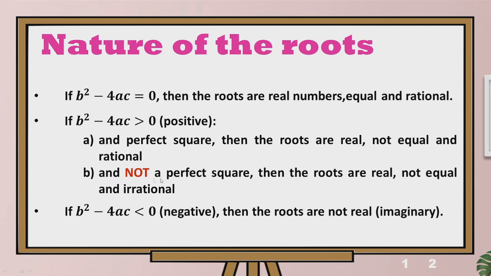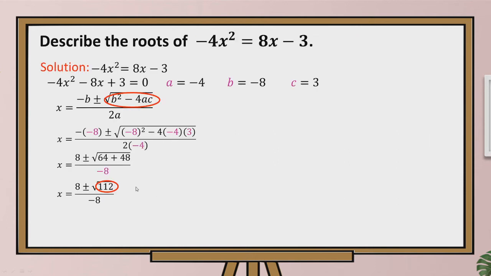Ang sagot dyan, hindi perfect square ang 112. Kaya naman, kahit hindi natin ipagpatuloy ang ating solution, masasabi natin na ang nature of the roots ng ating quadratic equation are real, not equal, and irrational. Pero, para mapatunayan natin na tama ang sinasabi ng discriminant, we will continue our solution.